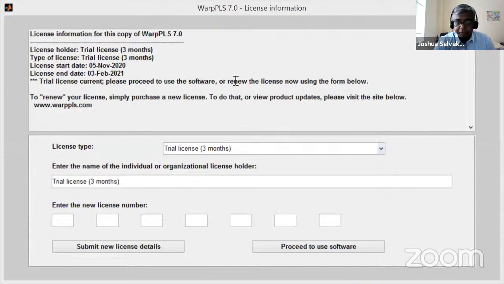Let me see if I can open it. Screen share. Okay, are you able to see the software? Yes, sir. So the name of the software is given at the top. Can you see WarpPLS 7.0? Okay, I'm proceeding to the software.